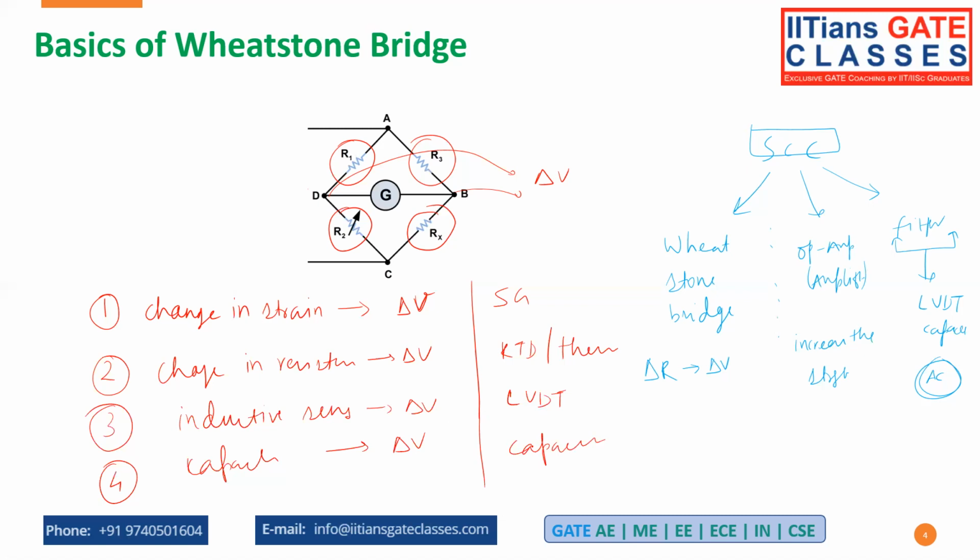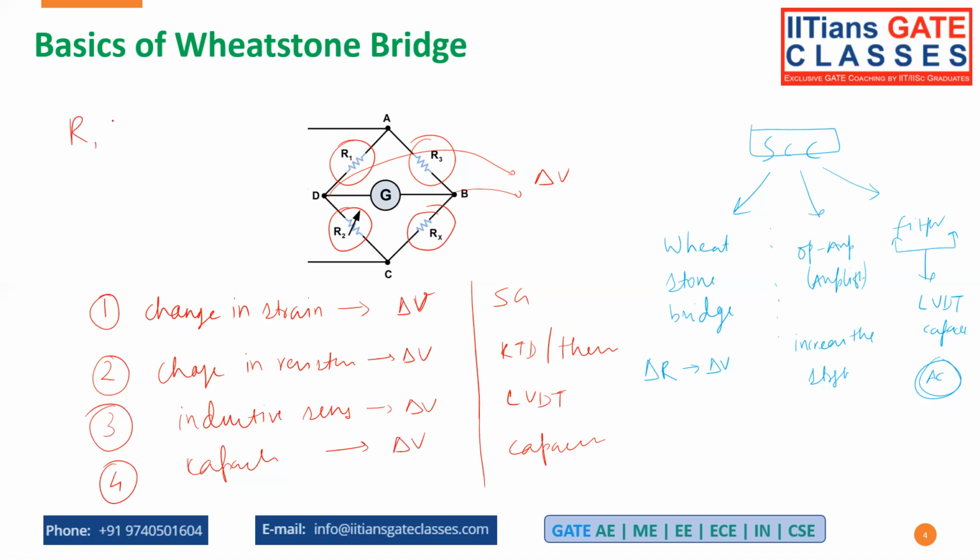So like that, many more applications are there. Generally you will find in our instrumentation systems there are a lot of applications of the Wheatstone bridge, because this is a very basic circuit that takes a change in any physical variable and converts it to a change in voltage. Wherever we have change in resistance, change in inductance, or change in capacitance, so RLC.